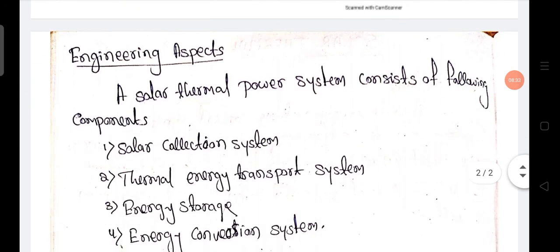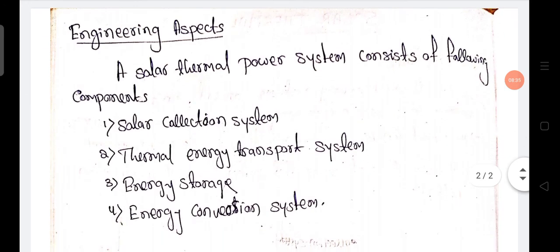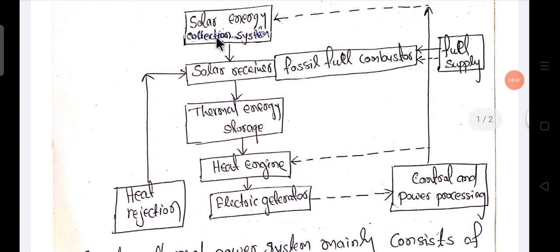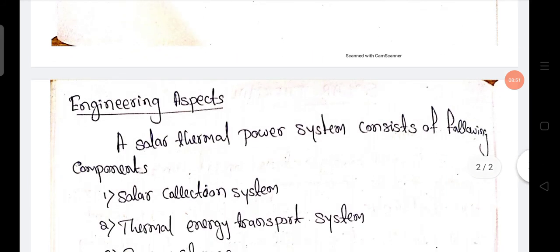Next, these stages are the basic operation stages of a solar thermal power plant. But in the engineering, that means technical, aspect, a solar thermal power system consists of the following components.